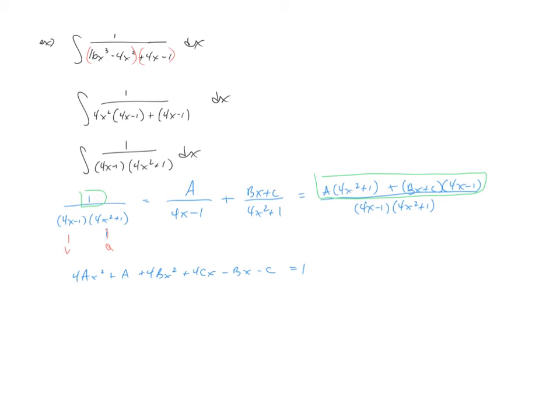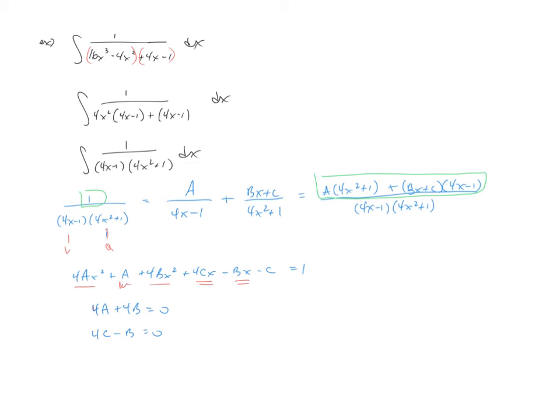All right, so now if we look at our x squared terms, that's going to tell us that we have 4A plus 4B equaling 0, since there are no x squareds over here. Similarly, we've got now the x terms, so 4C minus B equals 0.